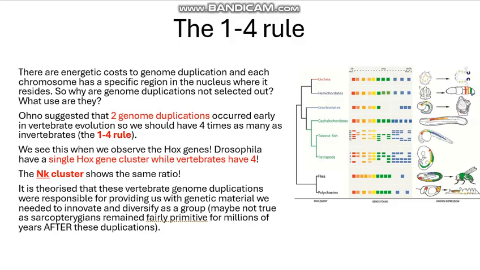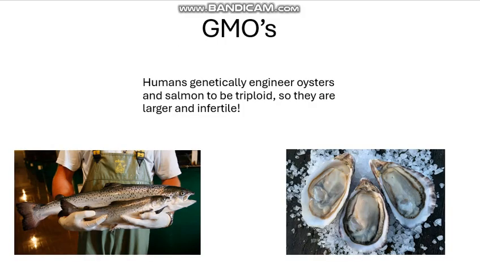The division of cells is a more energetically costly process, and it also requires cells to be a lot larger because they have to fit a lot more DNA in them. But if it wasn't selected out, there might be some evolutionary purpose to these genome duplications that has benefited us.